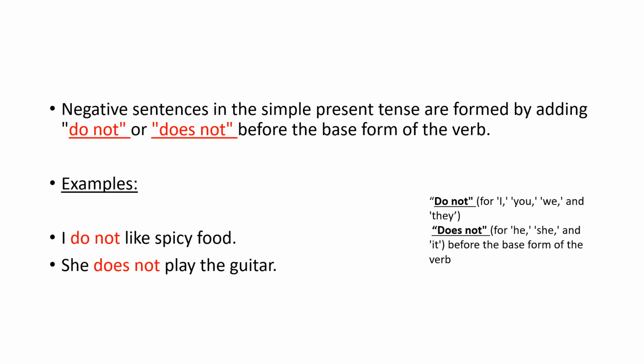For instance, I do not like spicy food and she does not play the guitar illustrate the negation of the verb in the simple present tense. In negative sentences, it is essential to include the auxiliary verb do or does to indicate negation. This structure expresses actions or states that do not occur or are not true.